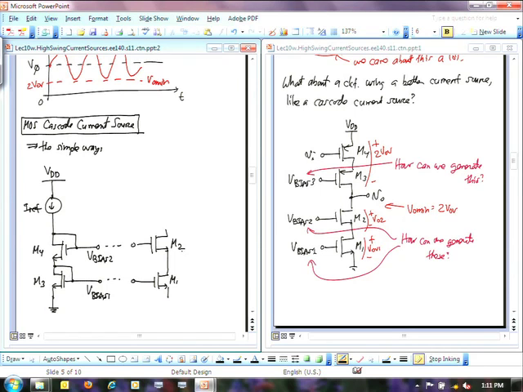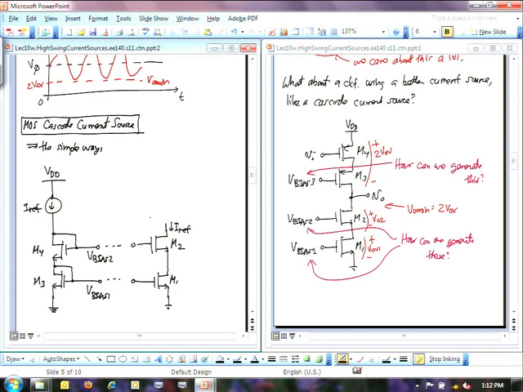Okay? So that generates an I naught, or an Iref, essentially, going through M1 and M2, and biases both of these things up. It's exactly what we want.